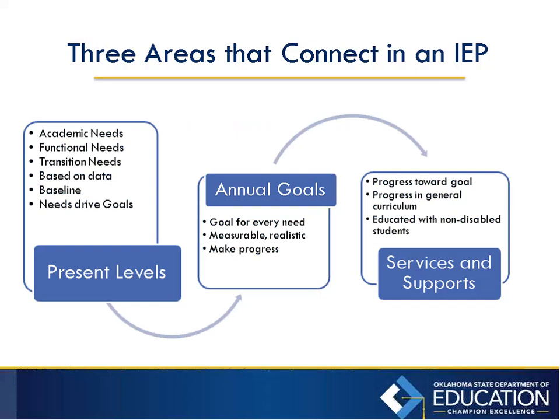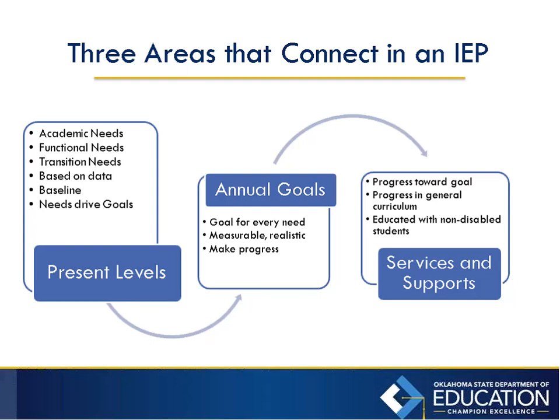Okay, we have 3 areas that connect together in an IEP, and those are our present levels, our annual goals, and our services and supports. They are all interrelated. One drives the other. For instance, evaluations can include data that addresses their academic needs, functional needs, transition needs, and offers a baseline to see how far away a student is from a standard.